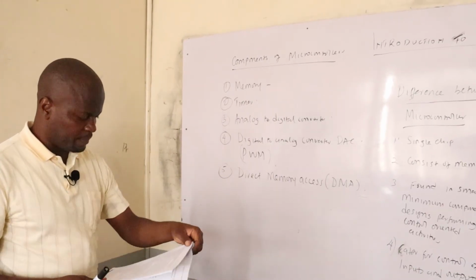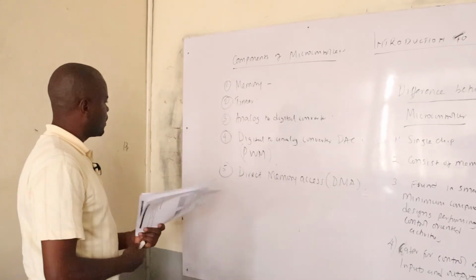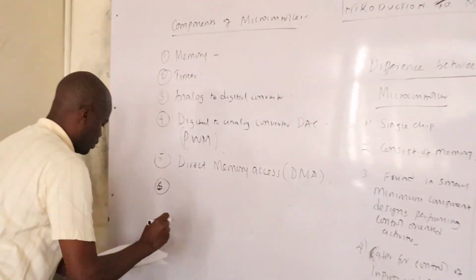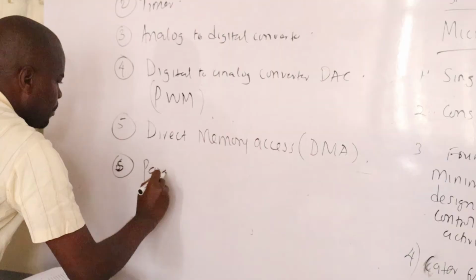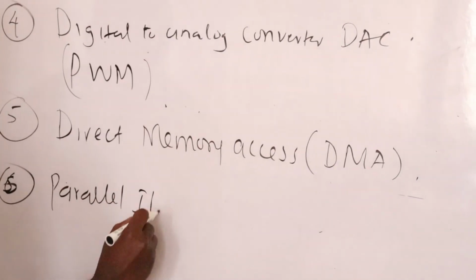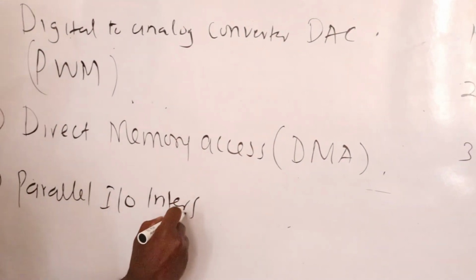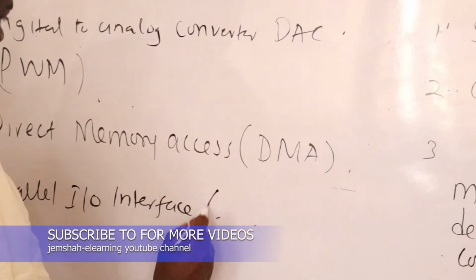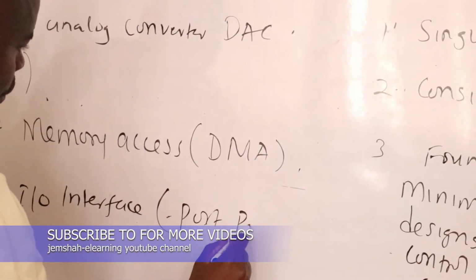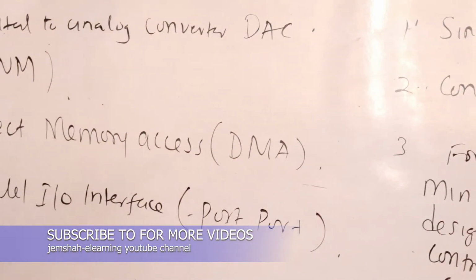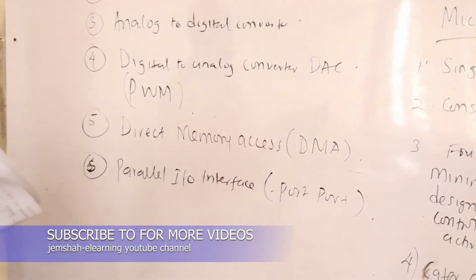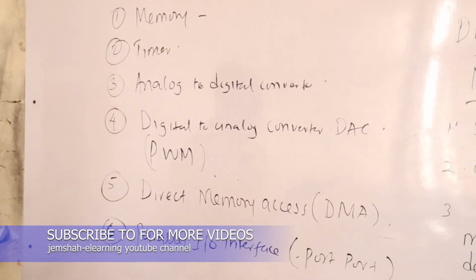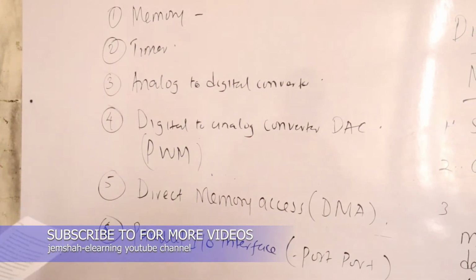Another component that we can mention here is the parallel I/O interface, which at times we refer to as the parallel port. The parallel port is used to transfer data lines.